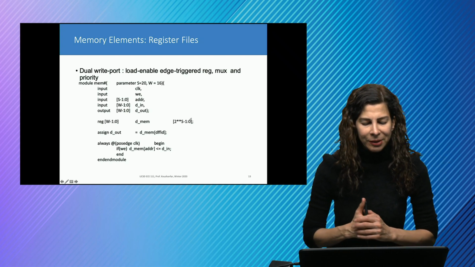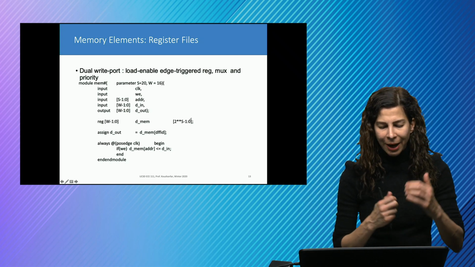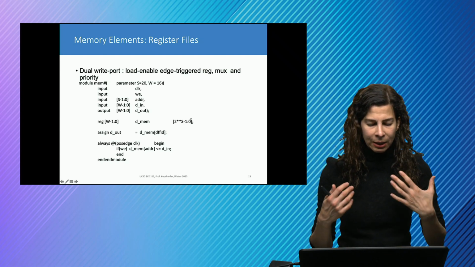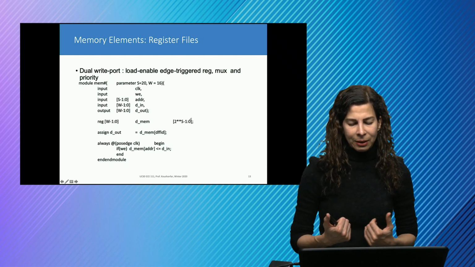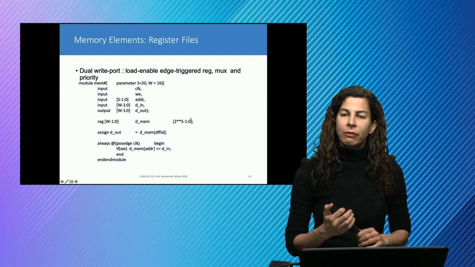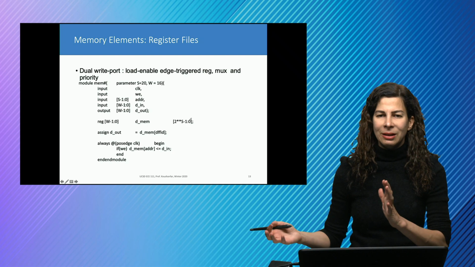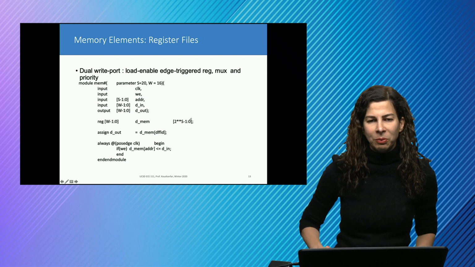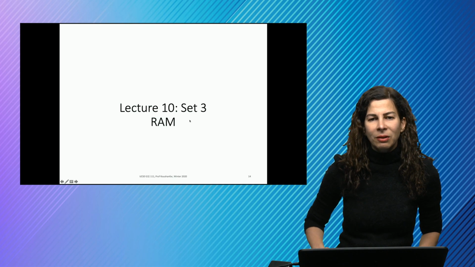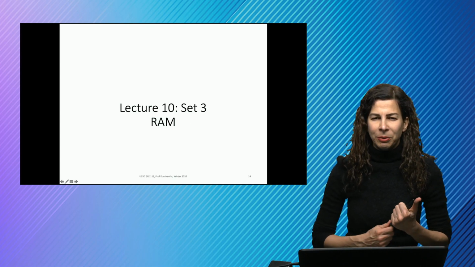Then we have the address for the input, the data in and the data out, and if one of them is enabled, we are going to get the data in that is appropriate for that particular register. So pretty similar. In the next set, we will be learning about random access memory.